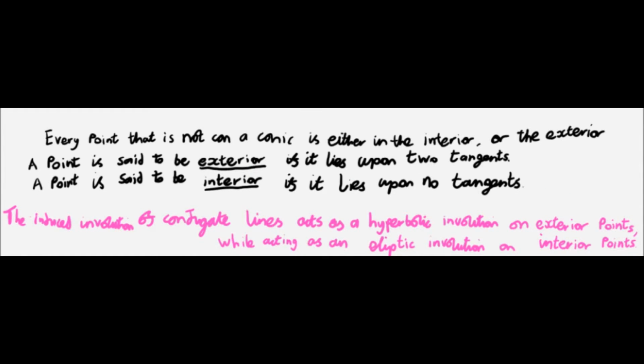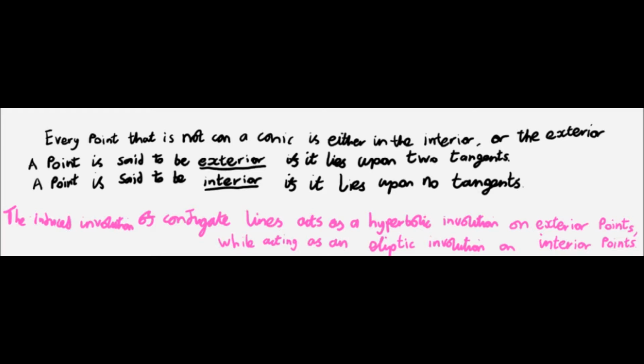We define an exterior point with respect to a conic to be a point which has two tangents going through it. And the opposite idea then is an interior point. An interior point is a point which has no tangents going through it.